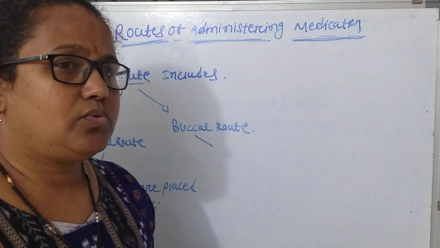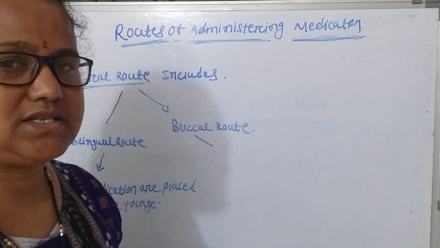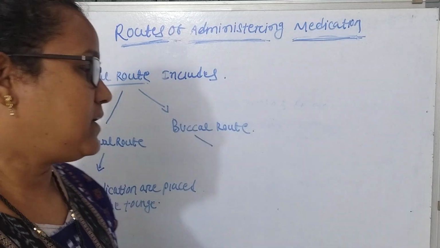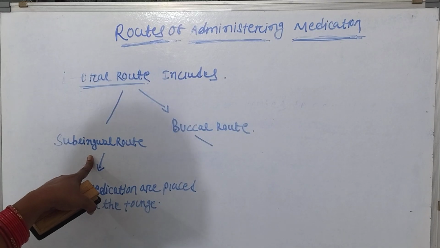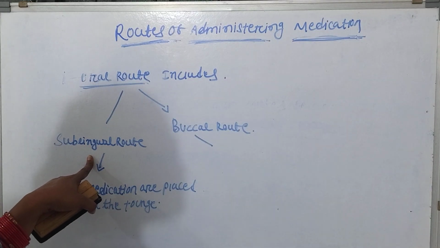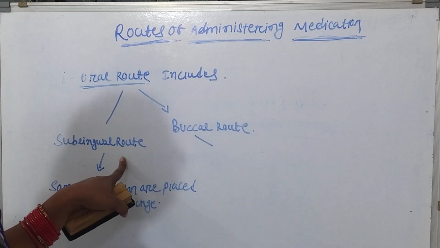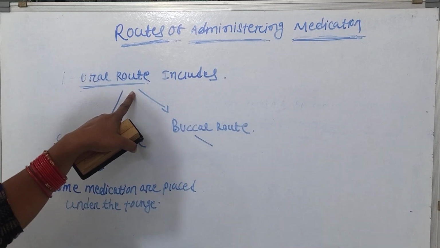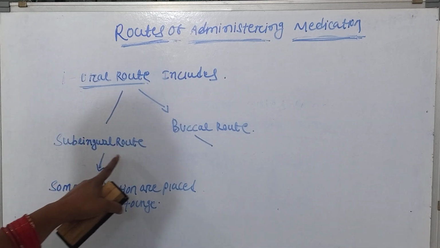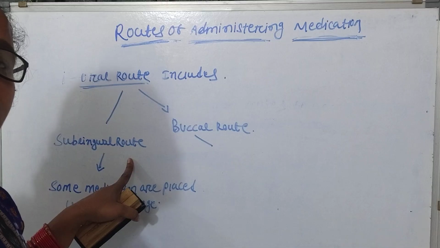Tablet nifedipine will not be effective in that case. You have to give capsule nifedipine by the sublingual route, then it will be more effective and act more quickly. You will not give the oral route at that time.